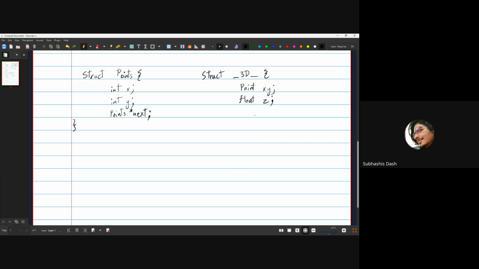I think this is what they mean when they are talking about nested structs: using a different data type inside, like using another struct inside a struct.